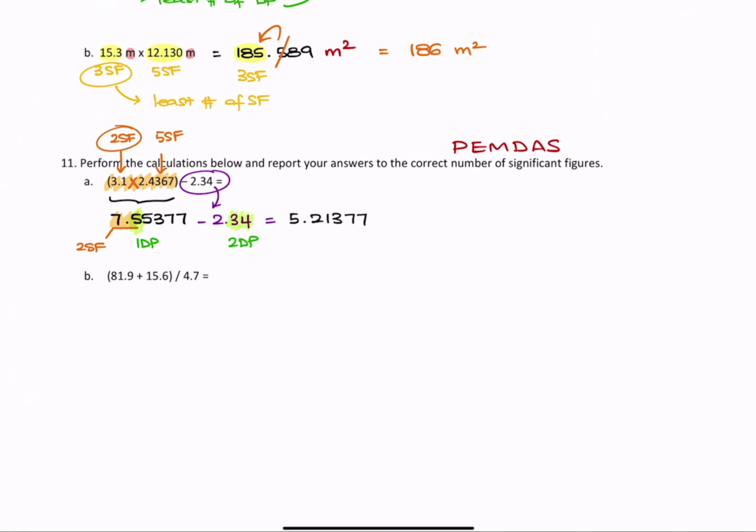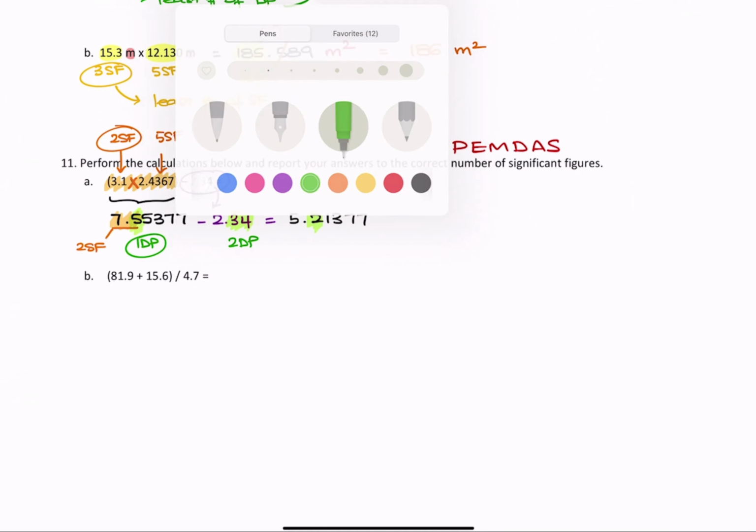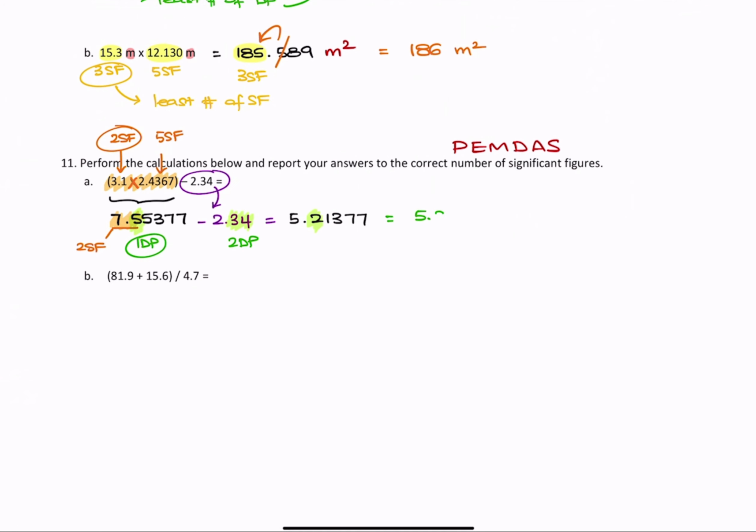So the subtraction comes for 1 decimal place in the first number minus 2 decimal places in the second number, least amount wins. So my answer will be given to 1 decimal place, and I will get a final answer of 5.2. I'm dropping a 1, so I'm going to round down. And this is the answer to the correct number of sig figs.